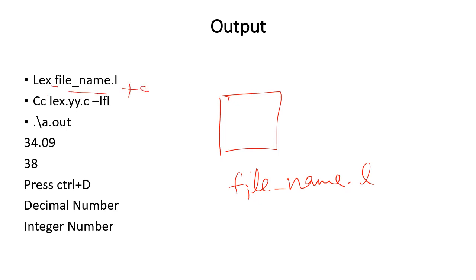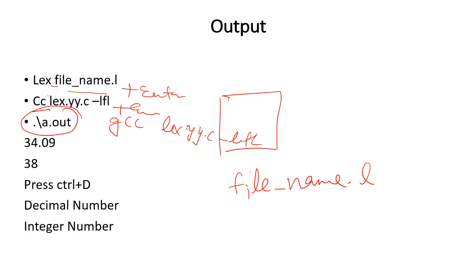When we press enter, this file will get converted into lex.yy.c. Now we compile this file. If we have a C compiler, then we can write cc. If we have the gcc compiler, then we can write here gcc lex.yy.c -lfl, right? Now once we enter, it will generate an a.out file.